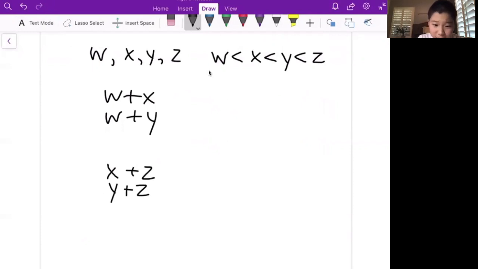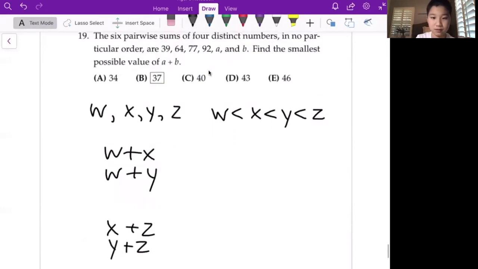Now the third and fourth smallest, it's not apparent if it's X plus Y or W plus Z. So let's just let it be. Yeah, we don't need to care about that actually.